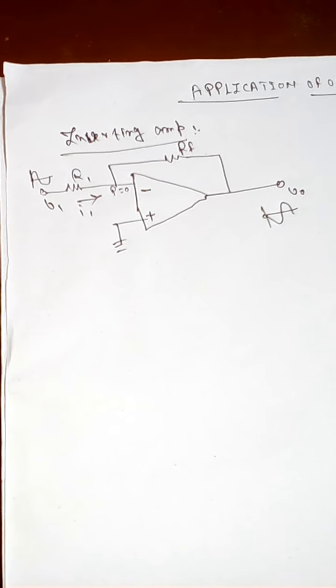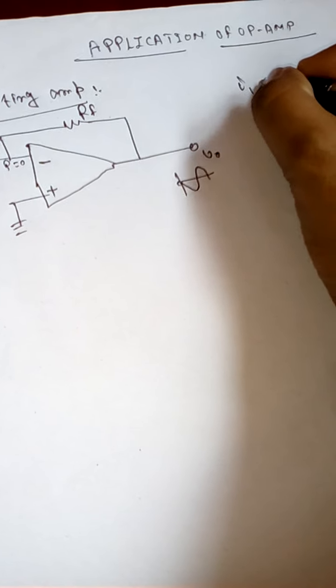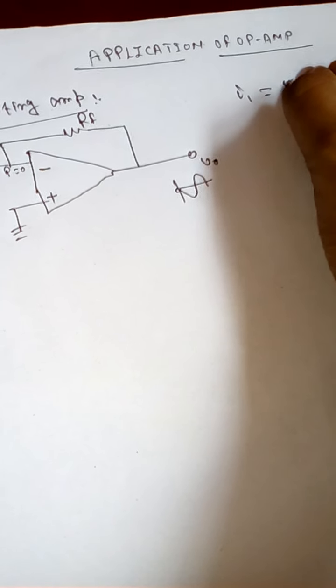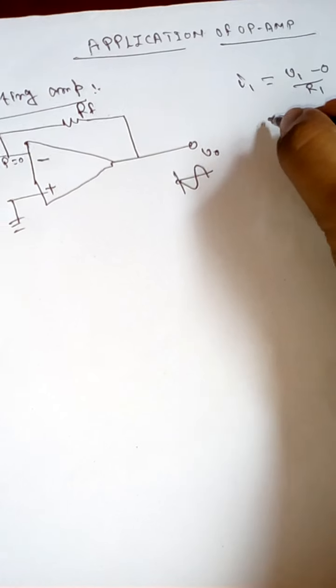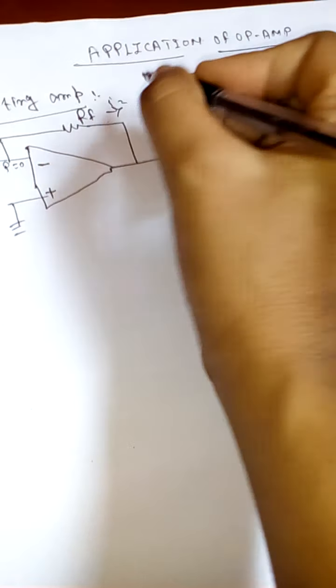At point P we take the current I1, which is (V1 minus 0) by R1, and suppose this is the I2 current, I2 equals (0 minus V0) by RF.